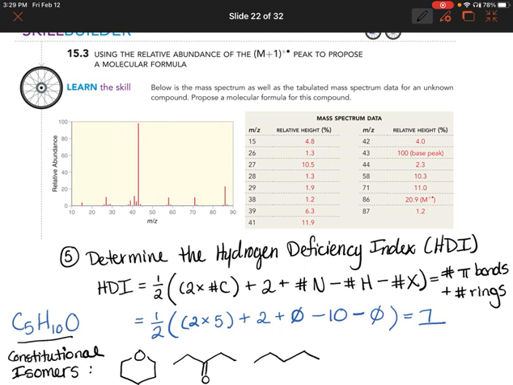Maybe the ketone is on the second carbon. Maybe we actually have an aldehyde. We could also have potentially an enol, so an alcohol near a double bond. Or I guess that's not an enol if the double bond's over 1. But you get the idea. There's lots of different options here.